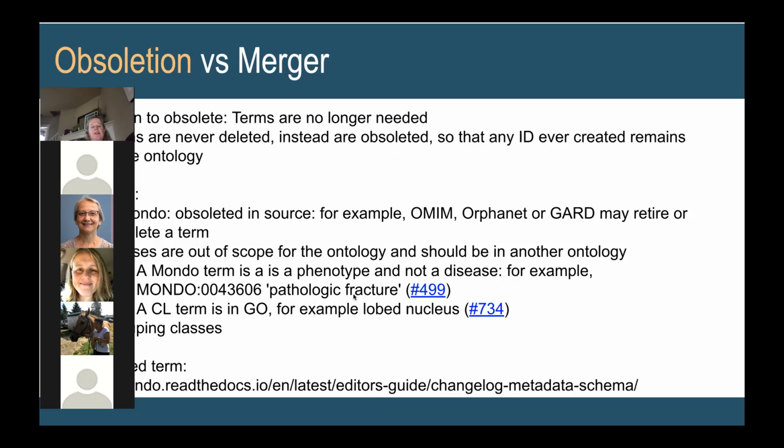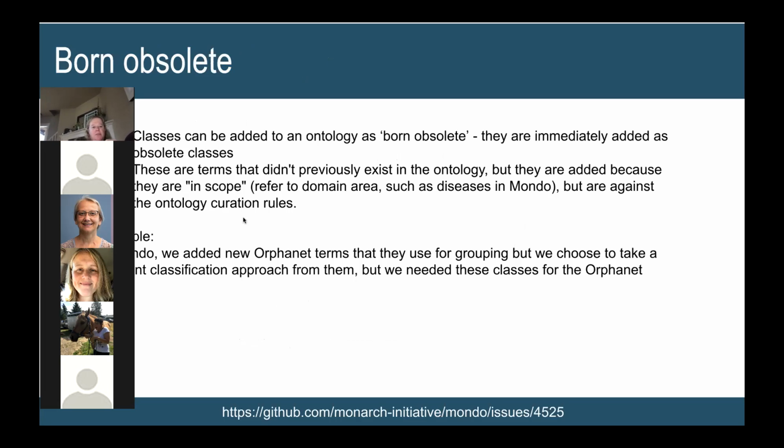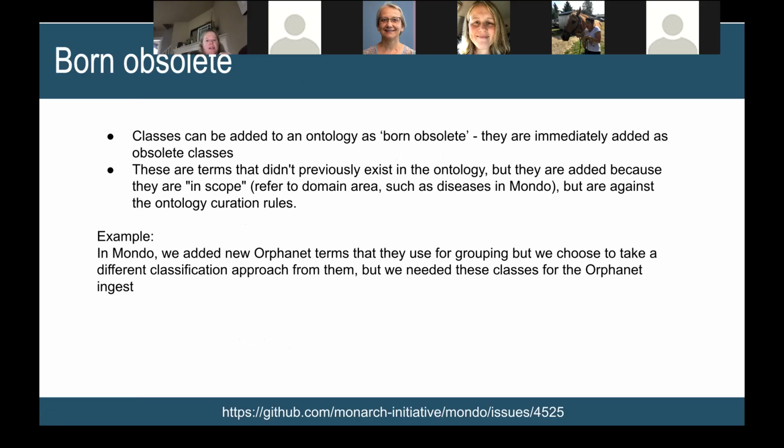So we should say consider, and then point to an HPO term that is the phenotypic fracture term. Or if a term is merged, then you want to say the obsoleted term is replaced by the term that it was merged into. And I'll show you some examples of those in a few slides.